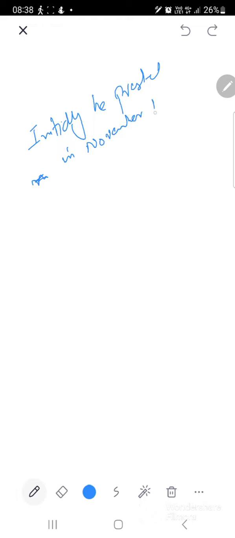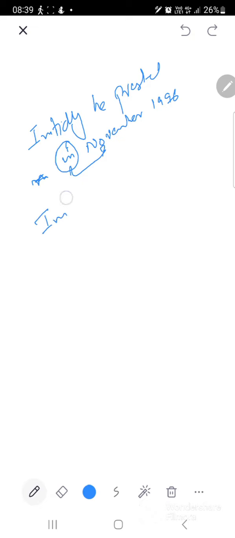Of the common useful things in the introduction, for the present illness, we can write it down initially: he presented, maybe in, let's say, November 1996. Use "in" when you are writing about the month.